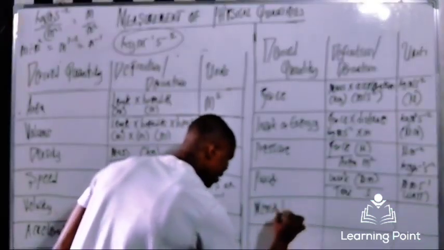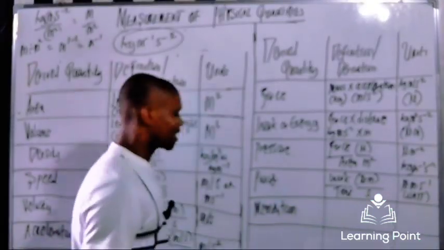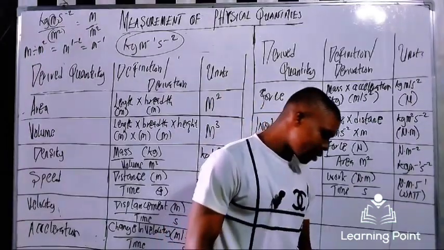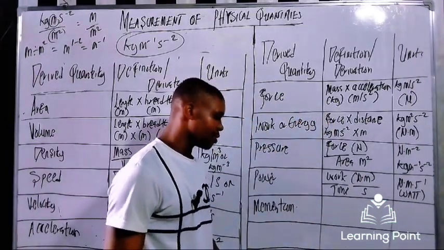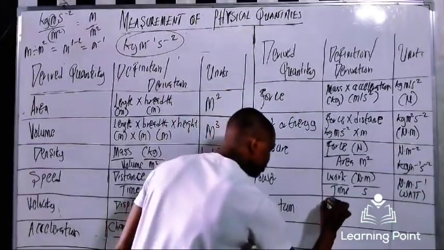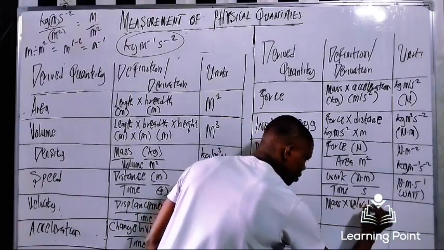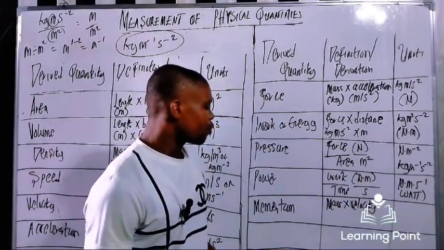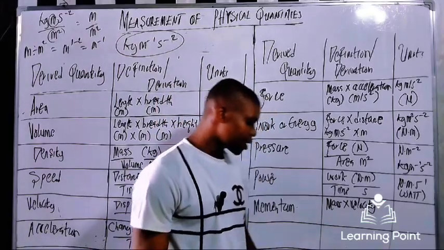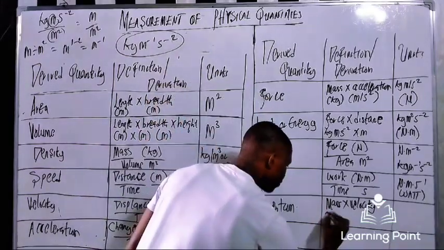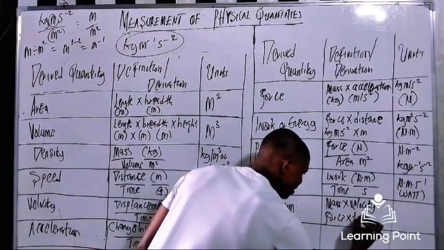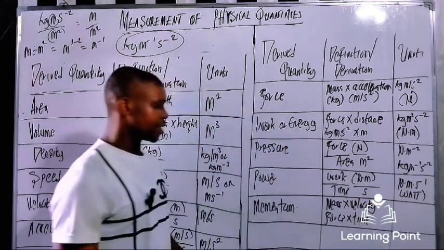Then the last one is called momentum. Now, what is the definition of momentum? Momentum is mass times velocity. Mass times velocity. Another definition of momentum is force times time. So any of it.